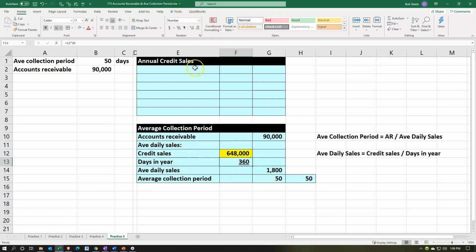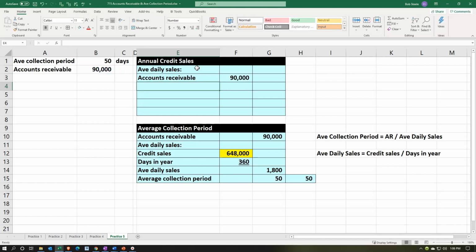Now, if I was to do it just in this format, so if I was going to basically redo the algebra to put a formula to get to the annual credit sales, it would look something like this. We would say, all right, we first need the average daily sales, which is going to be the accounts receivable. Accounts receivable is going to be the 90,000.